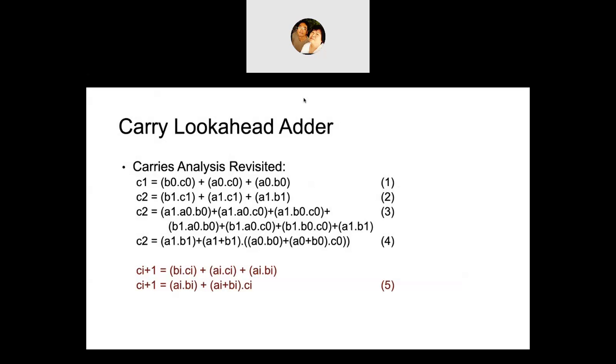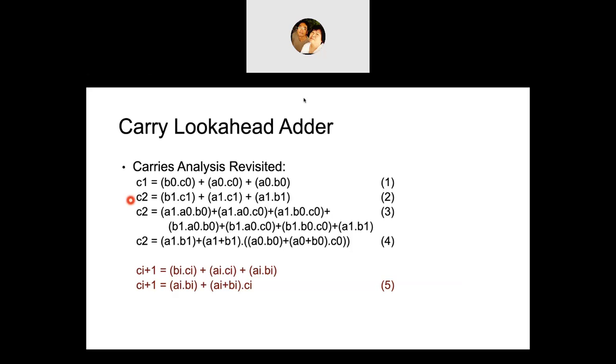Look at this kind of approach. How can we come up with a simplified equation for the carry? Look at this. We have C1, we have C2, the same as previously.